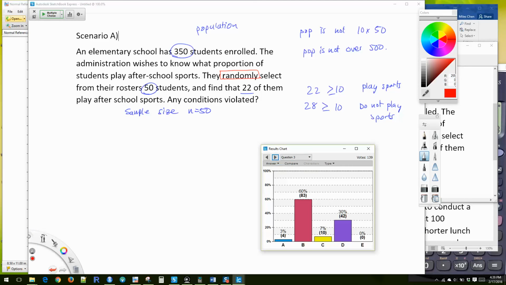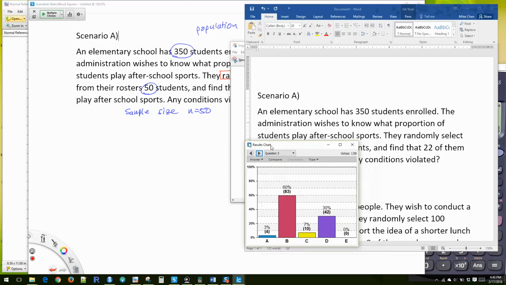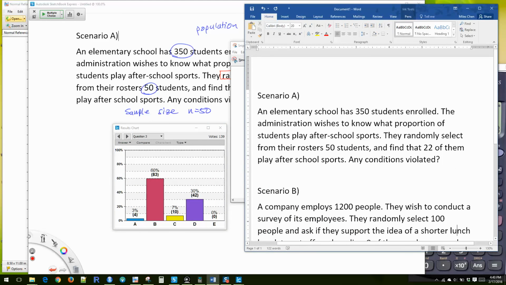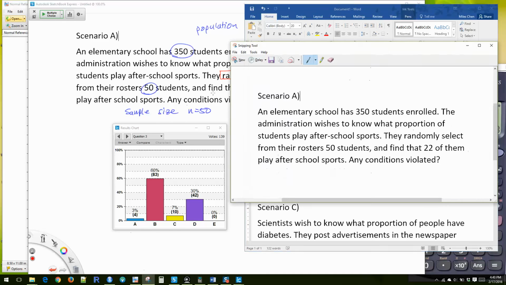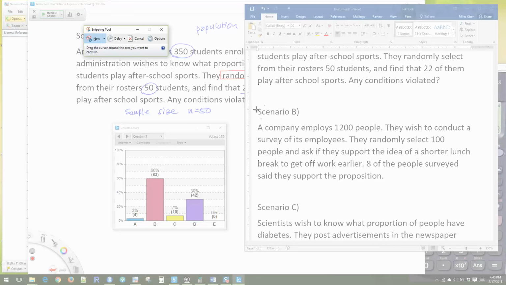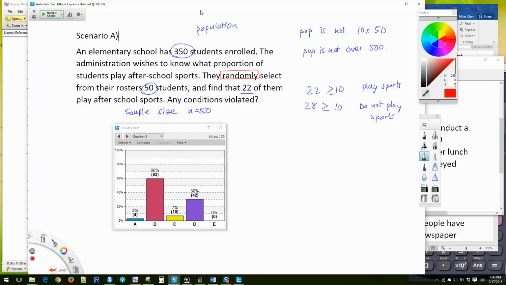Okay, let's look at question 3. So here it says the company employs 1,200 people, and they surveyed 100 people, okay?